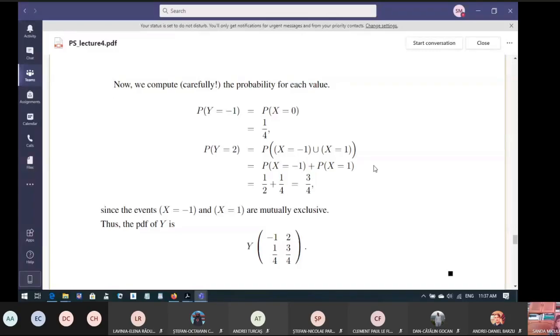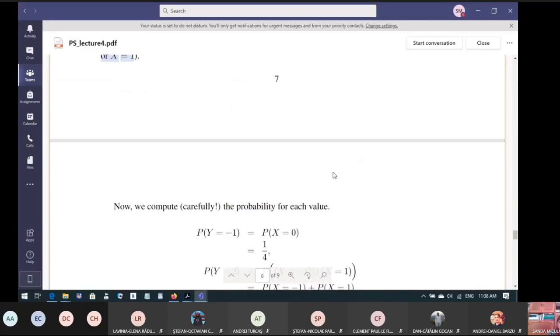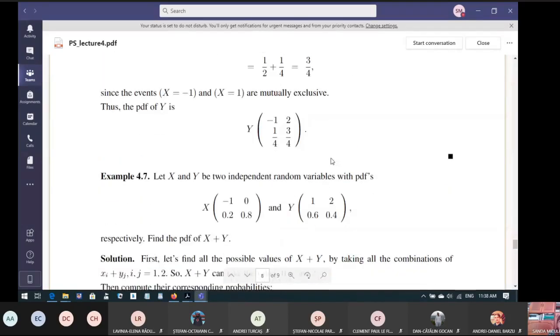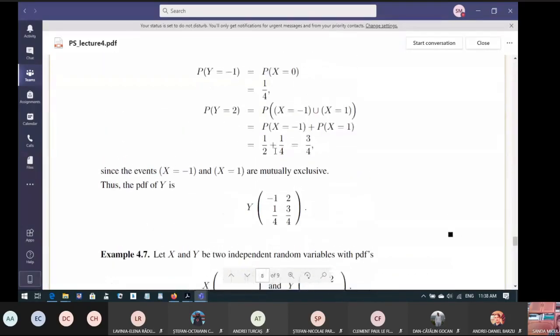They can't happen at the same time. Either x is -1 or it's 1, but it can't be both at the same time. So that means the probability of the union is the sum of the probabilities, and we find both of them in the PDF. -1, 1/2, 1, 1/4. So 1/2 plus 1/4, 3/4. Thus, the PDF of y is right here, values, probabilities.